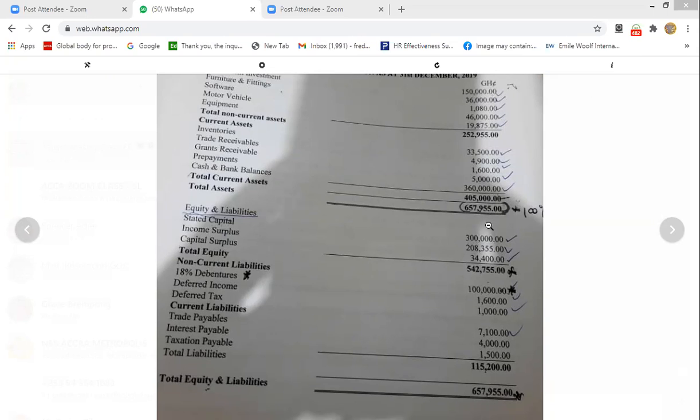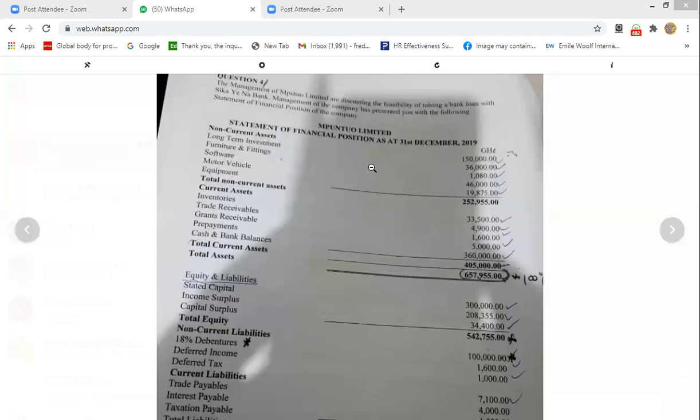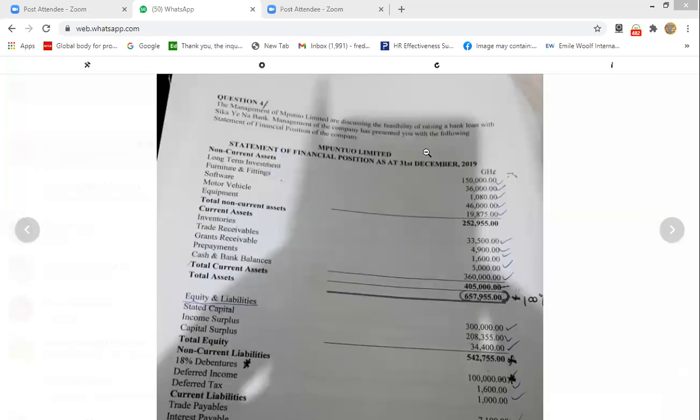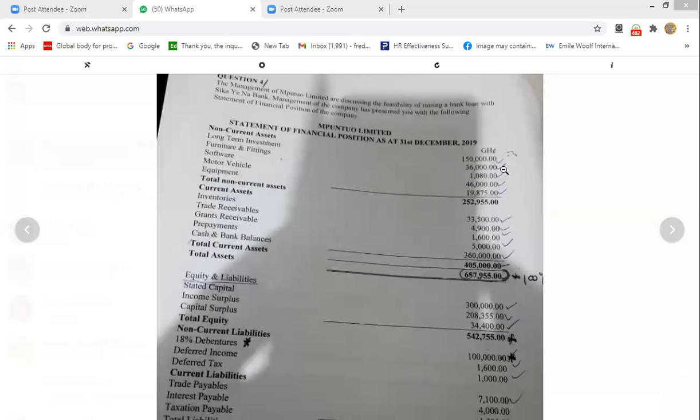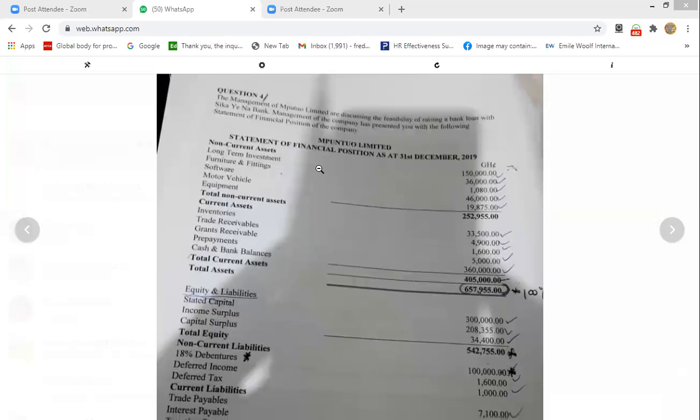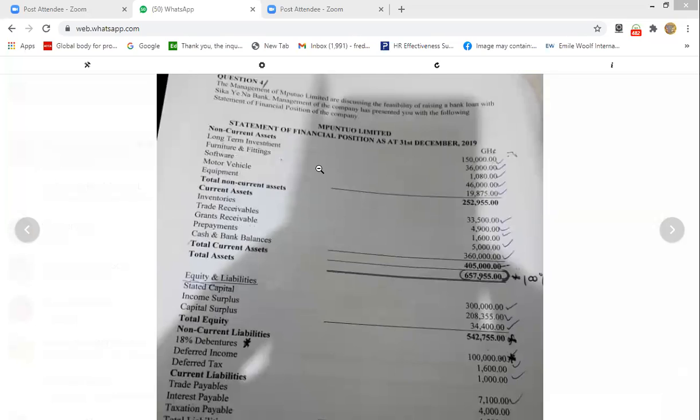657,955.00. If I clear that .00 from there, just go. It's 657,955. You are done. So you pick all the items. So long-term investment, 150,000. You put it there. If you see long-term investment in the question, kindly check its percentage.